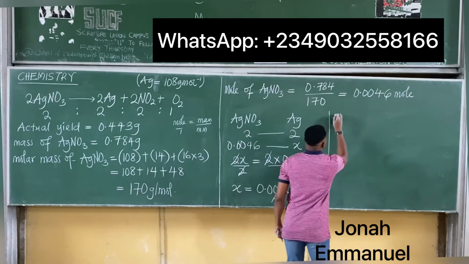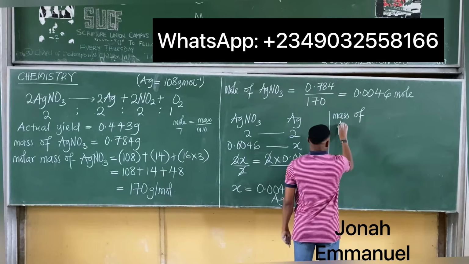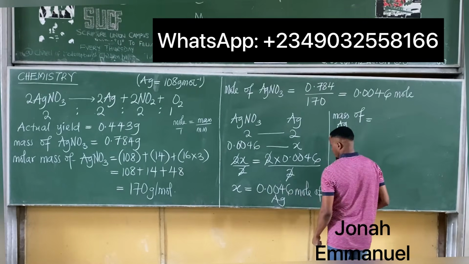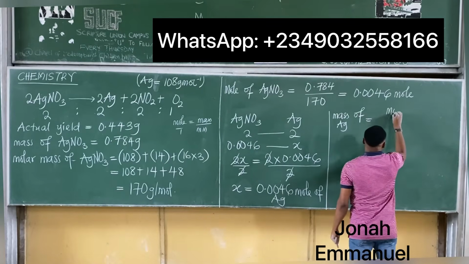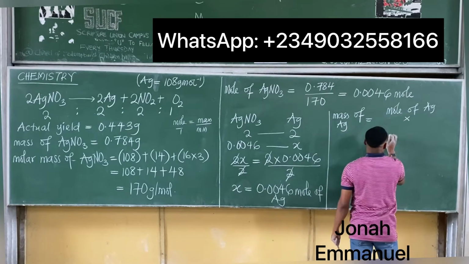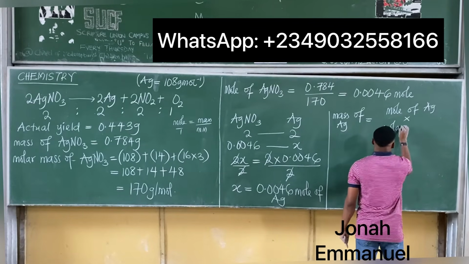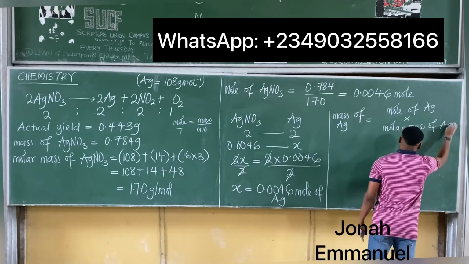So the mass of Ag, that's silver, is equal to mole of silver times molar mass of silver.